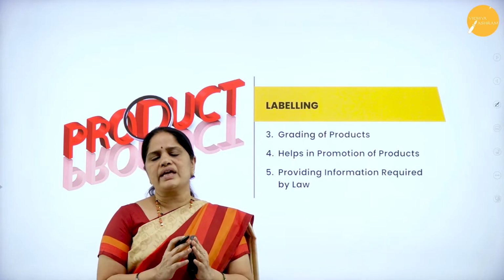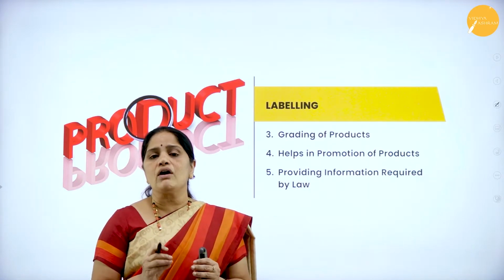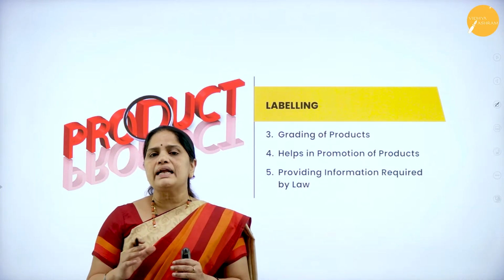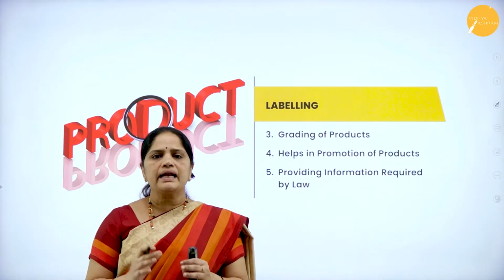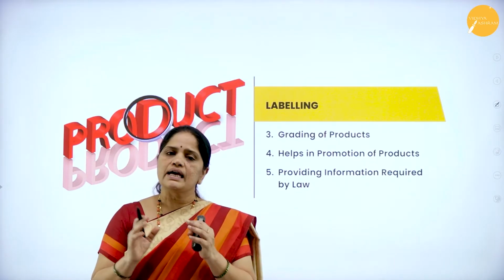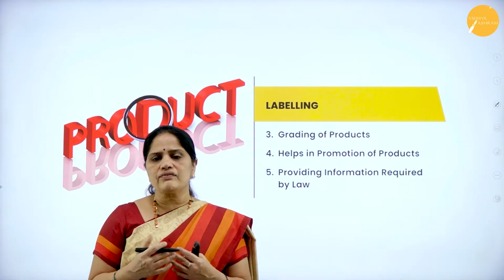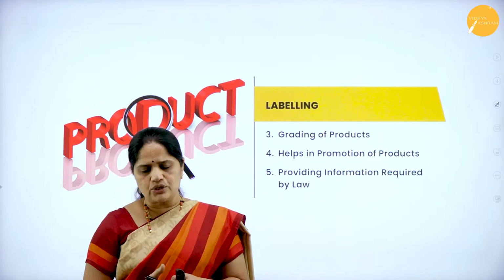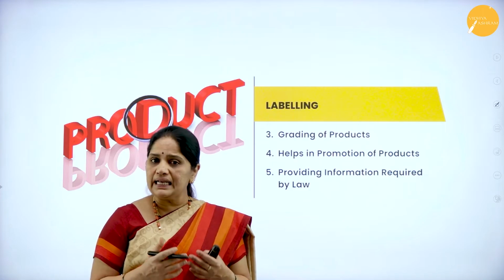So in this way, we can see that this brand of health drink has been graded in different flavors and for different ages, etc. This kind of grading helps the consumer to know what he exactly needs.